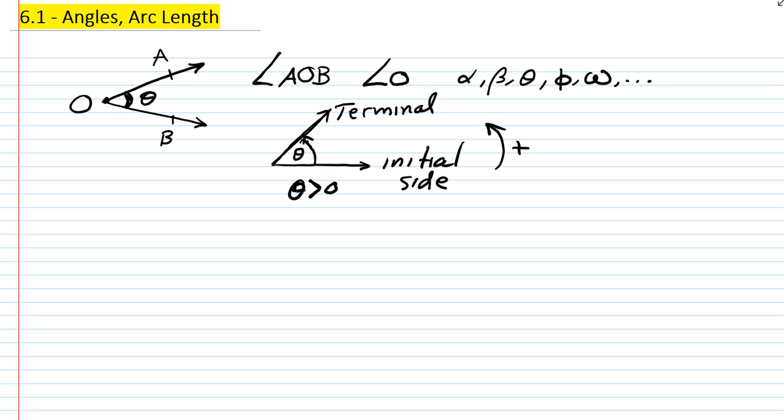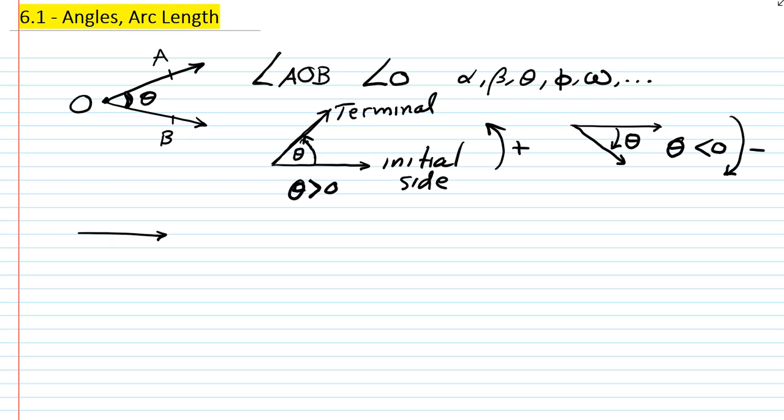If the angle goes in a clockwise direction, so let's say here's my initial side, there's my terminal side, goes in this direction, then that would be a negative angle. In this case, theta is less than 0. So clockwise, negative; counterclockwise, positive. It is possible for the angles to revolve more than 360 degrees before they stop on the terminal side.